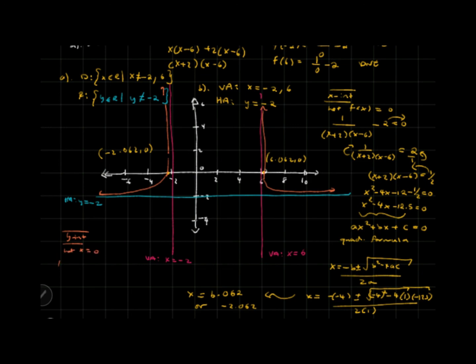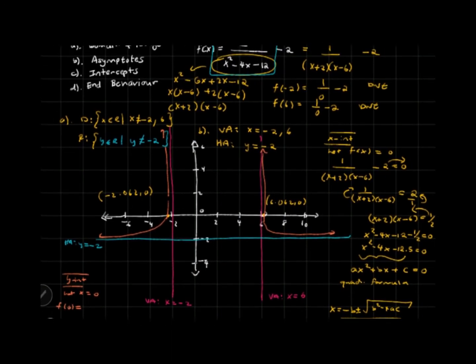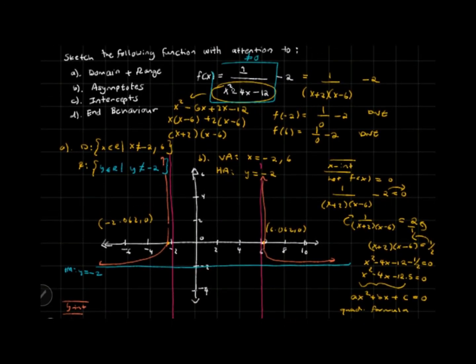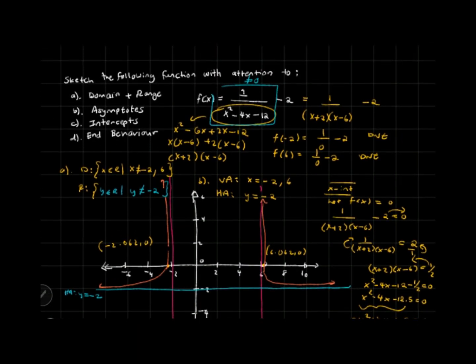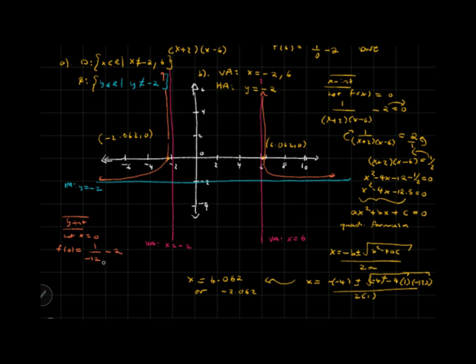So f of 0 is equal to, and I can use the original function, if I plug in 0 for x, you get 1 over negative 12 minus 2, which is negative 1 over 12 minus 24 over 12, which is negative 25 over 12. So f of 0 is negative 25 over 12. This is a little bit less than negative 2. So this is like 0 and negative 25 over 12.